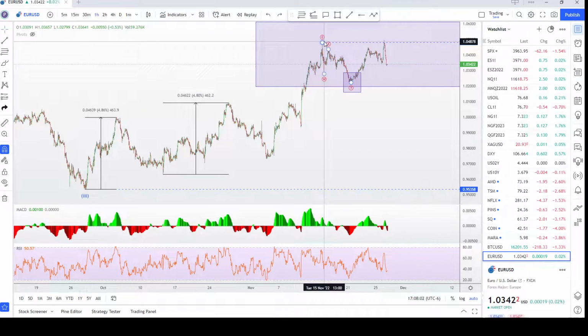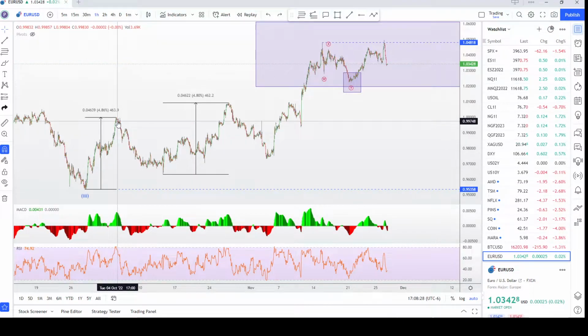I had listed this as 1, 2, 3, 4, and 5, and I said that this was a leading diagonal. Luckily, he or she let me know that the third wave was the shortest of these three impulses up. So obviously this last impulse here is the largest.